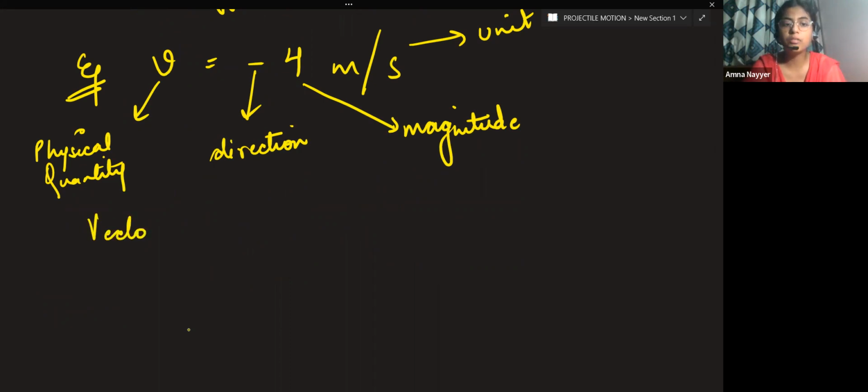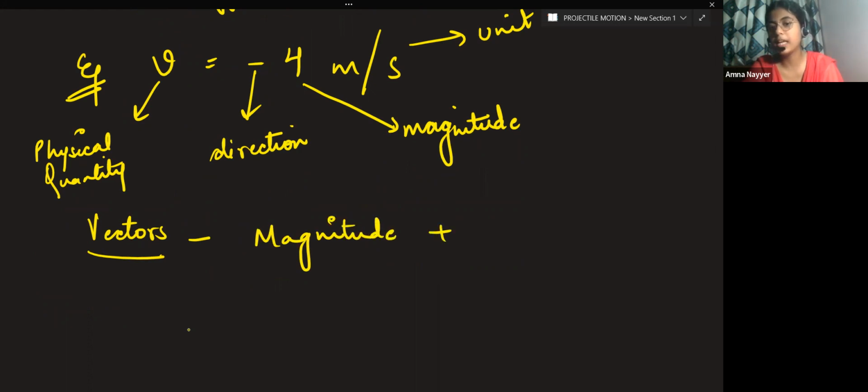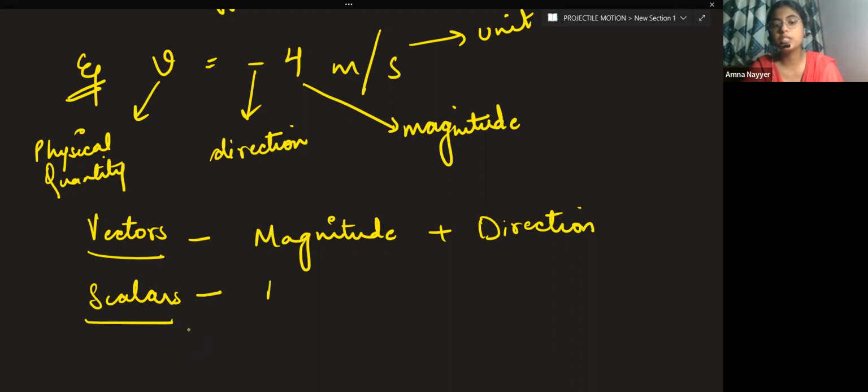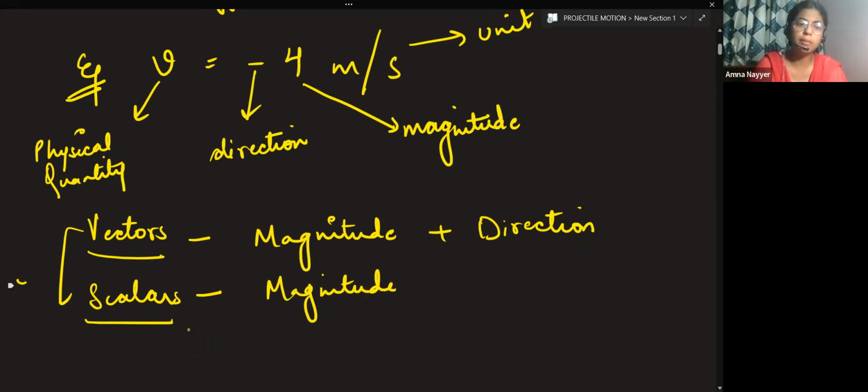So in case of vector quantities, you will see magnitude plus the direction. In case of scalar quantities, you will just see the magnitude. Obviously, units are there in both of them. Both of them have units.